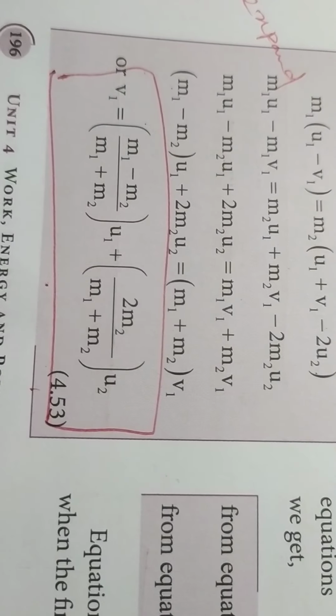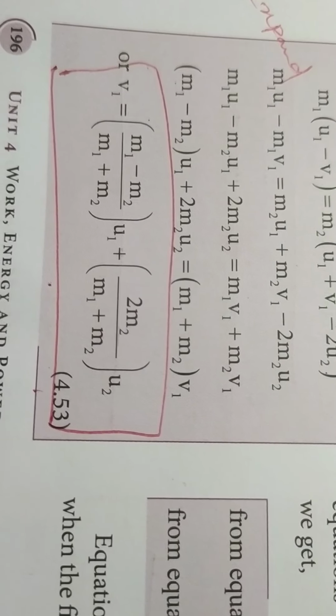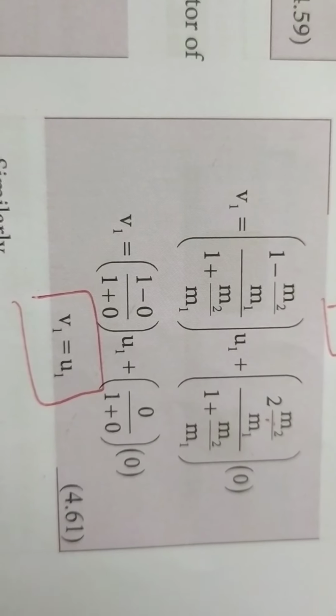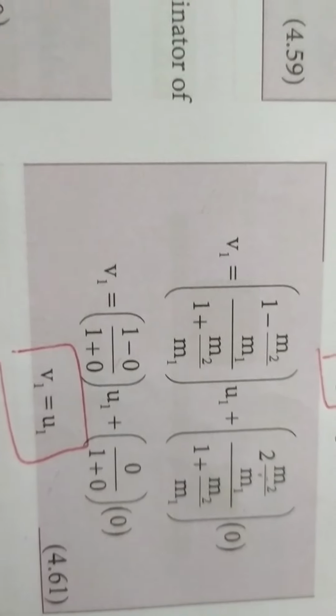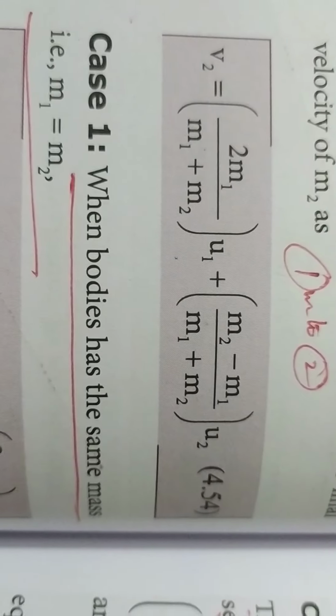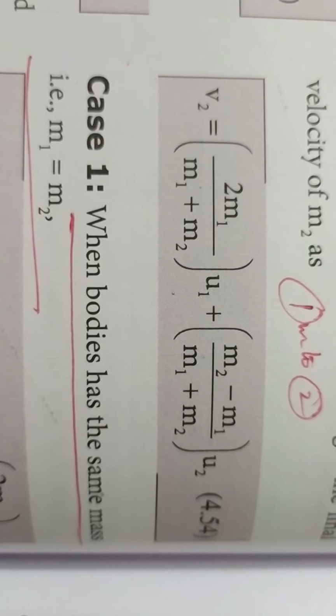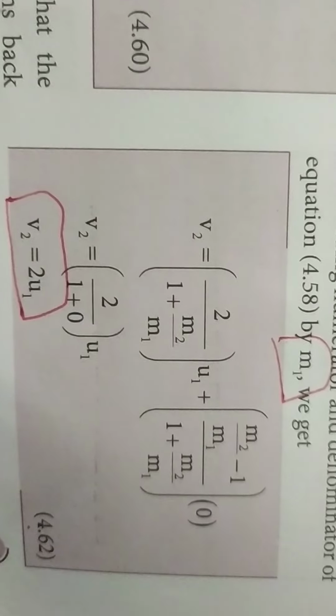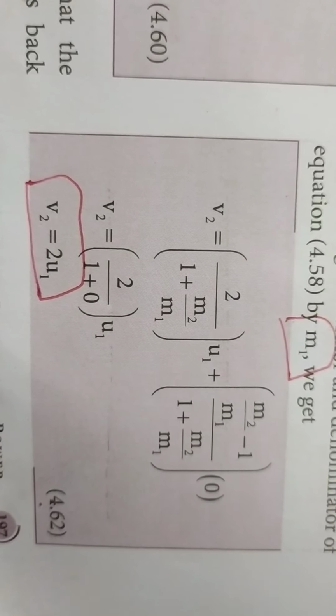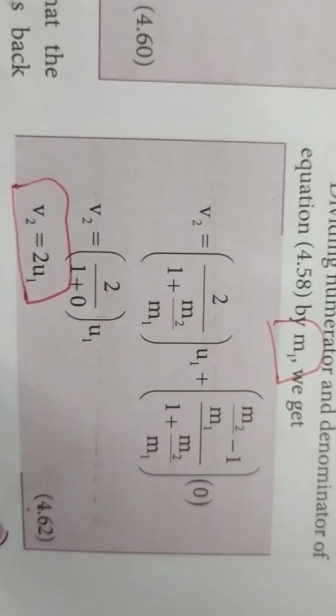So for this, you take equation 453 and divide throughout the terms by m1. If you divide this, you will get V1 is equal to U1. Similarly, you take equation 454 and divide throughout by m1. So when you divide that, you will get this condition, that is V2 is equal to 2U1.